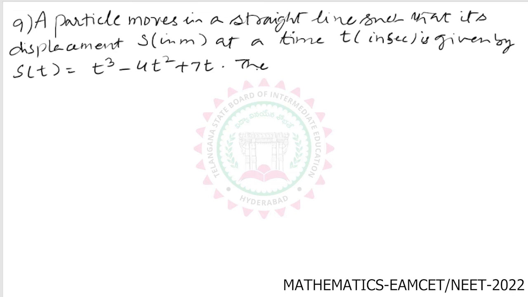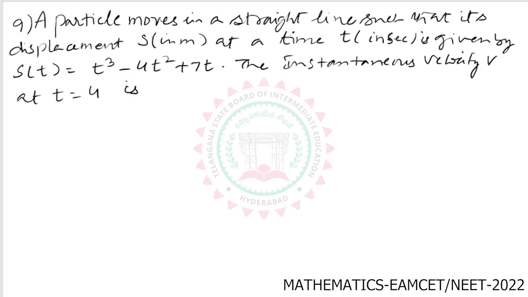The instantaneous velocity v at t is equal to 4 seconds is, the options are: the first option is 21 meter per second, second option is 23 meter per second, third option is 20 meter per second, and the fourth option is 19 meter per second.